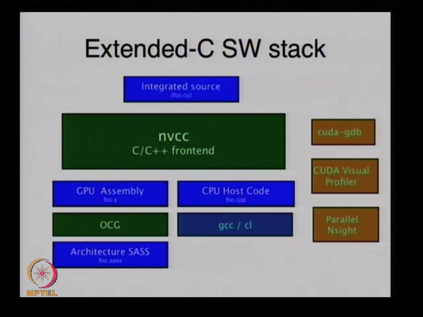CUDA has a profiler, so it's going to tell you what function is taking how long. There was recently also a release of something called Parallel Nsight, which plugs into Visual Studio. So you can directly from your Visual Studio debug it, program it, run it, execute it, and so on.